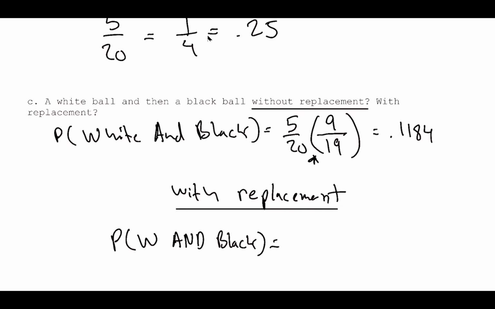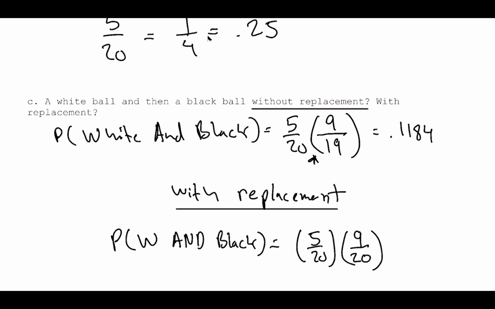For this one, the probability that you get a white ball will be 5 out of 20. But in this case, since we're putting that white ball back into the bag, I could actually reselect that white ball. So in this scenario, we still have 20 balls in the bag. And the probability we get a black ball will be 9 out of 20.